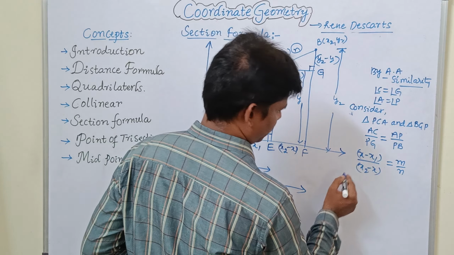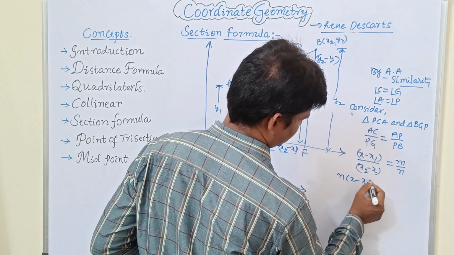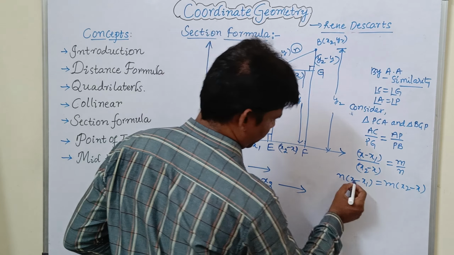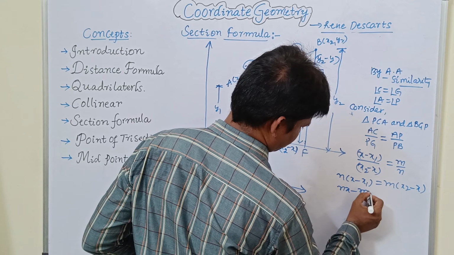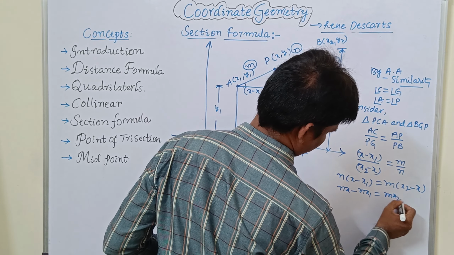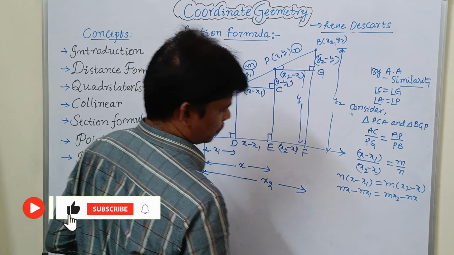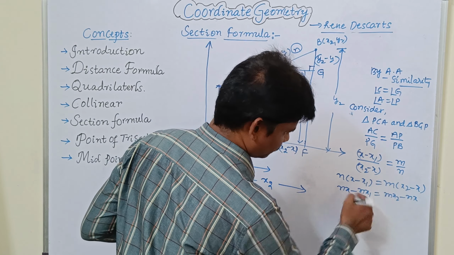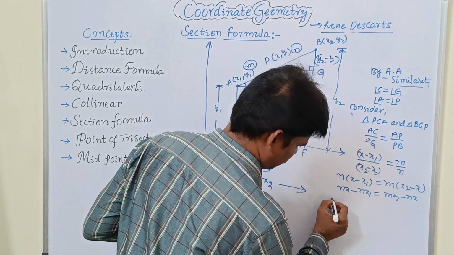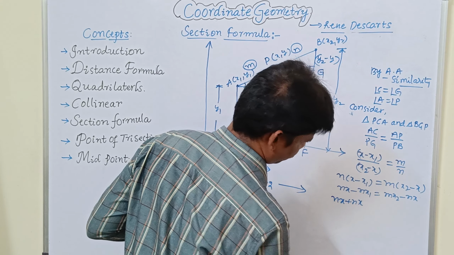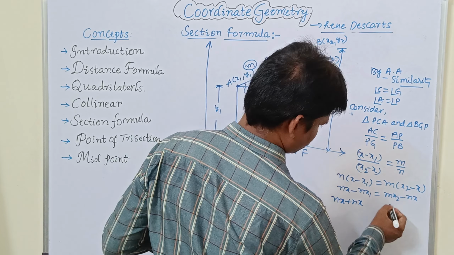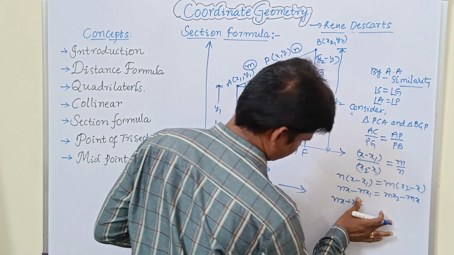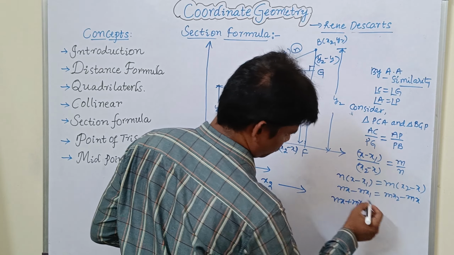Then apply cross multiplication: n into x minus x1 equals m into x2 minus x. Then multiply: nx minus nx1 equals mx2 minus mx. So nx1 is transposed to one side, and mx is transposed to this side.